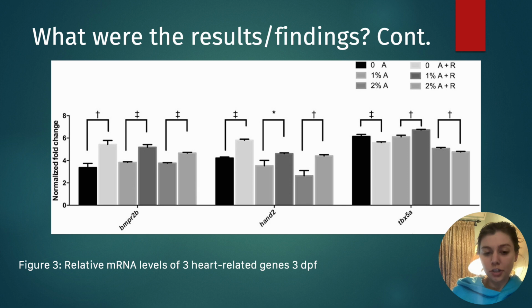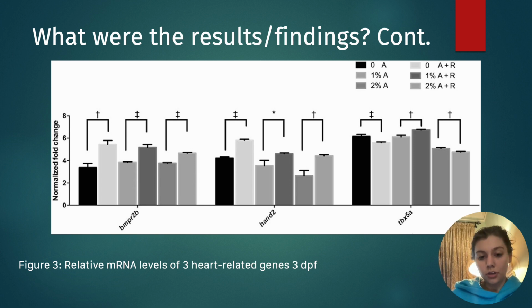And so the first gene that was analyzed was BMPR2B, and resveratrol changed the mRNA expression of this particular gene, the first gene in the figure, compared to the alcohol-treated groups, and specifically, it elevated the mRNA expression in the 1% and 2% groups, as you can see.